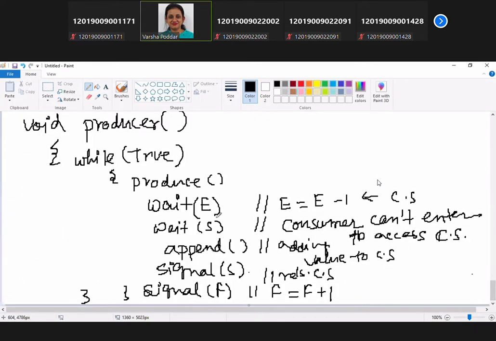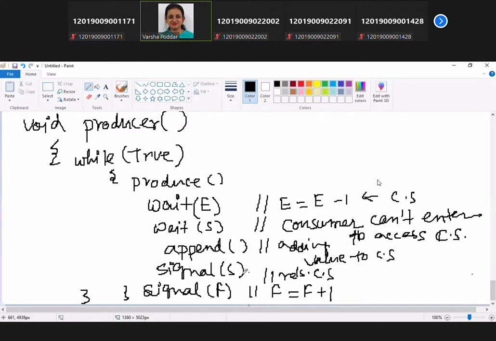Then I access the critical section. So wait, the consumer cannot enter at this time. Then I append any value. Suppose I enter 5. Then signal of S means I am releasing my critical section because I have already appended a value. Then signal of F, that means the full set will be plus 1. One value I have inserted, so the full set will be plus 1.